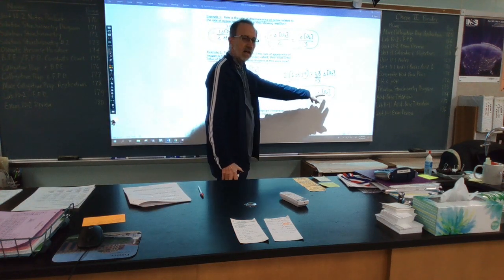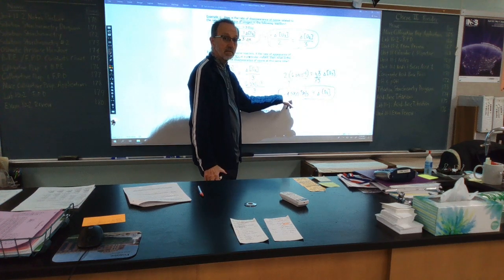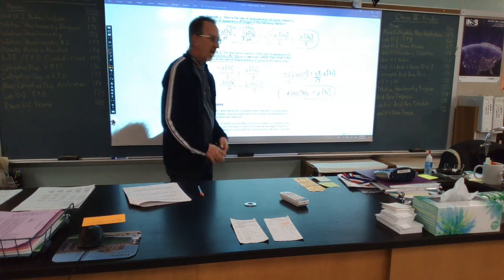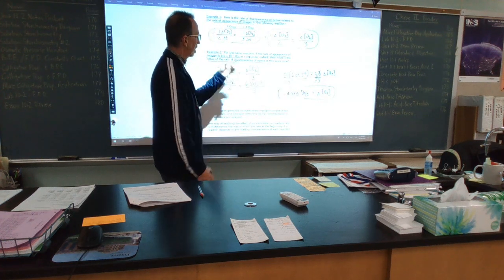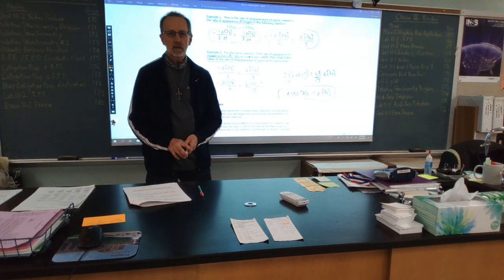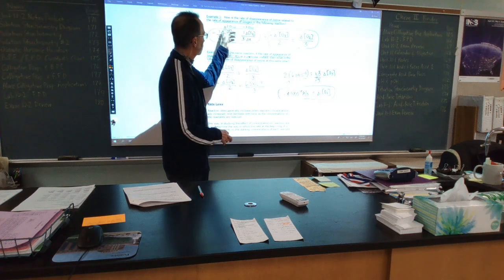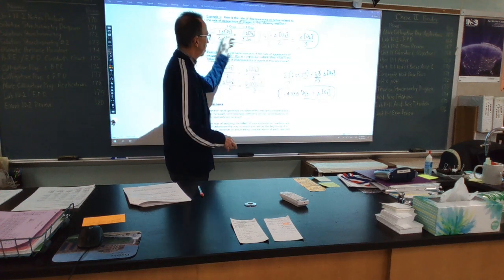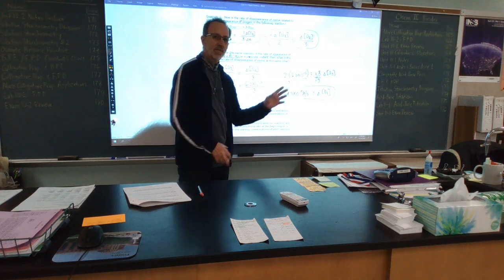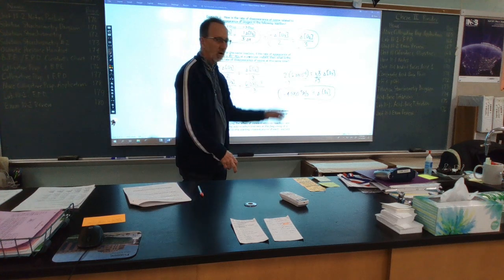The rate of disappearance of ozone is less than the rate of appearance of oxygen. In fact, it's by a factor of 2 to 3. We'll take a look at the ratio of the reaction, ozone 2 to 3. The rate of ozone disappearance to oxygen appearance is also 2 to 3.